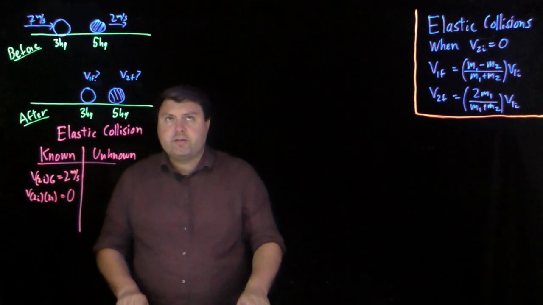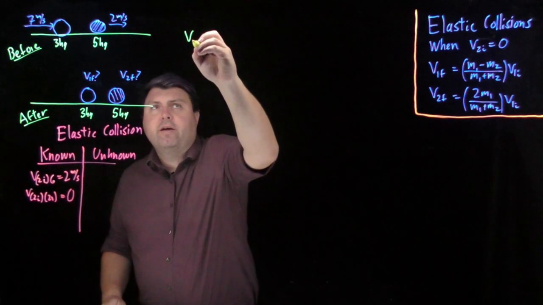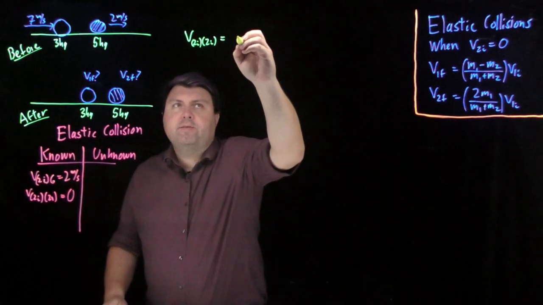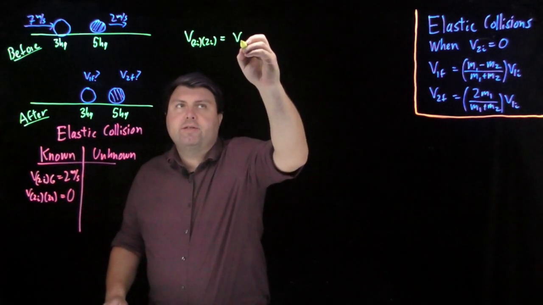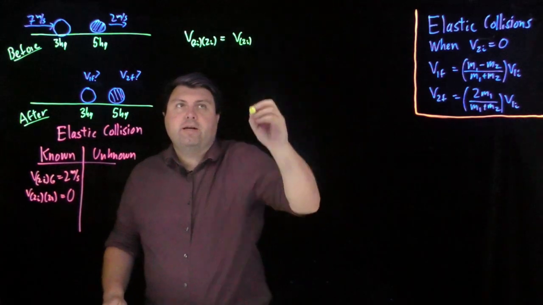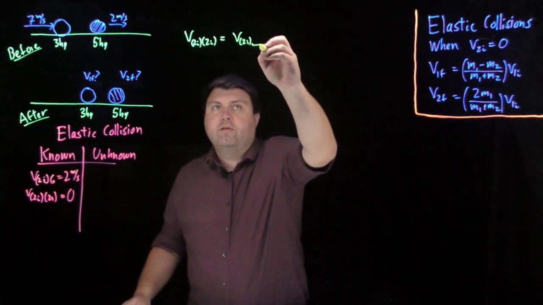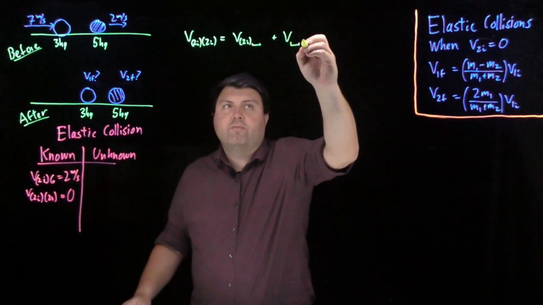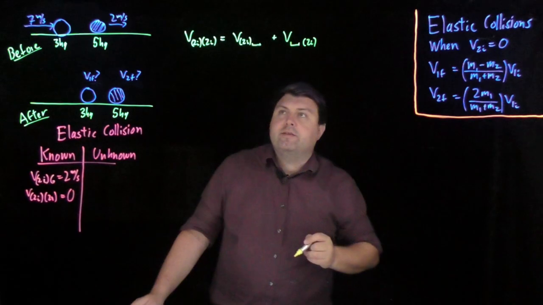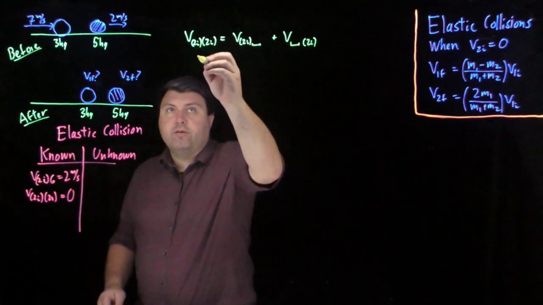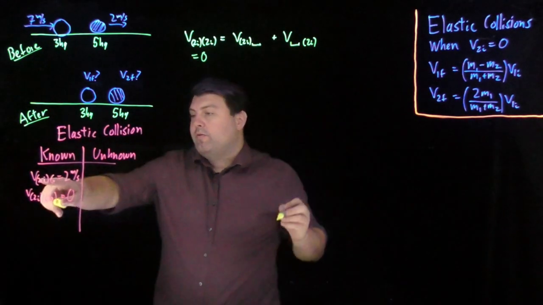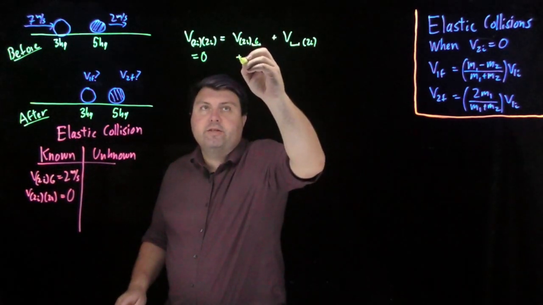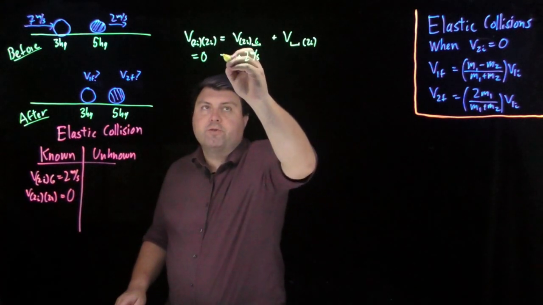Now we can say that the velocity of 2i relative to 2i has to be equal to the velocity of 2i relative to something, plus the velocity of something relative to 2i. Well, we know this is 0, and we know 2i relative to g is plus 2 meters per second.